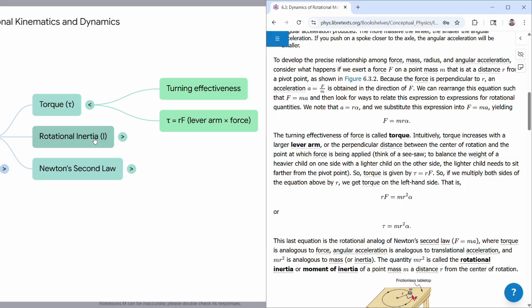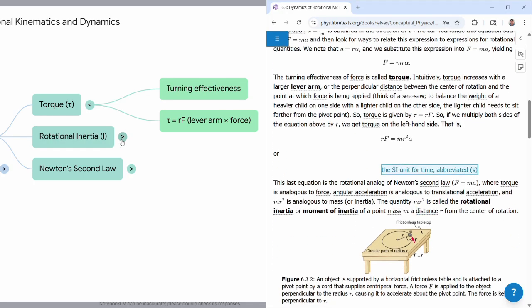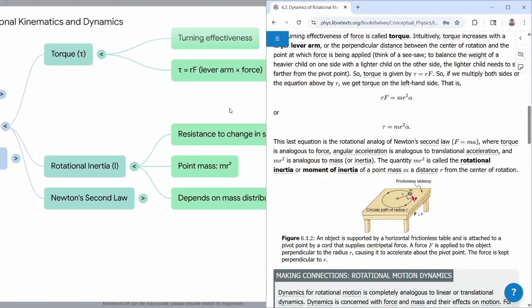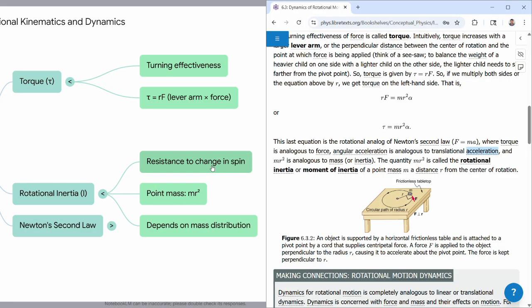Rotational inertia, that's the counterpart to mass, to inertia. So it's resistance to rotation, the way inertia was, quote-unquote, resistance to motion or change in the state of motion. I guess all of this makes much better sense once we get to Newton's second law.